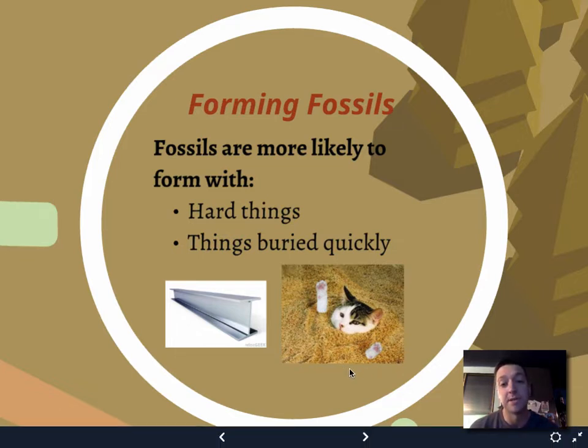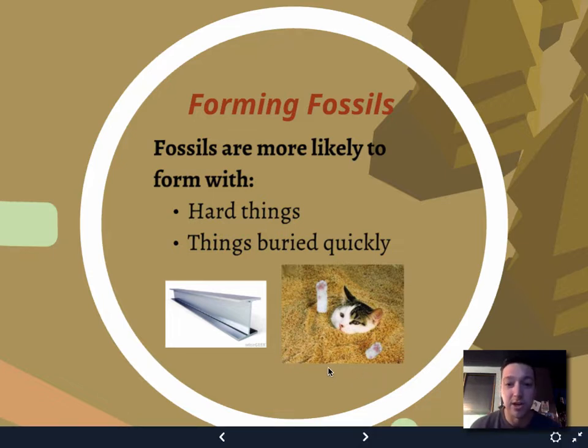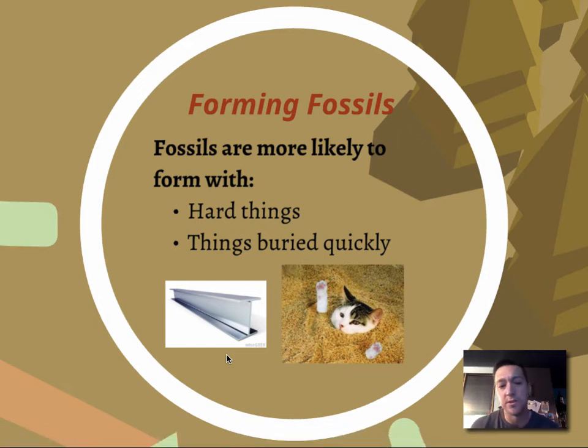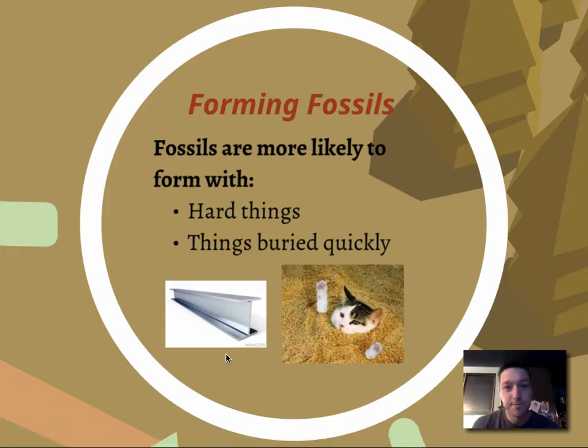A lot of times dinosaur fossils happen during a landslide, or if a dinosaur fell into a tar pit or something like that, then it couldn't get decomposed by bacteria. And its bones are more likely to survive rather than its eyes, which could be decomposed.